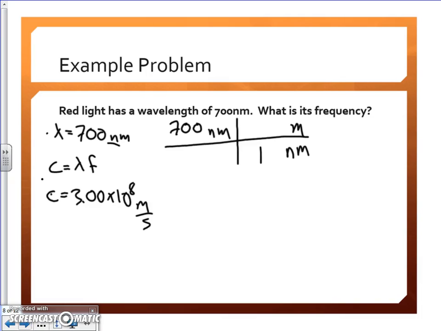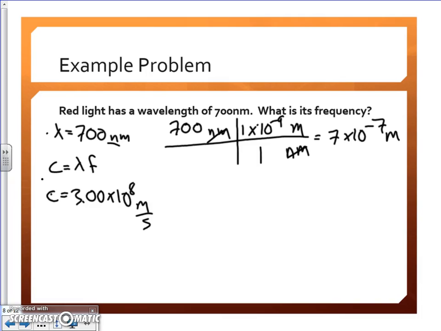The prefix gets the 1 up top. Nano means 1 times 10 to the negative 9th. Plug this in my calculator, and I get 7 times 10 to the negative 7th in meters. Nano canceled.